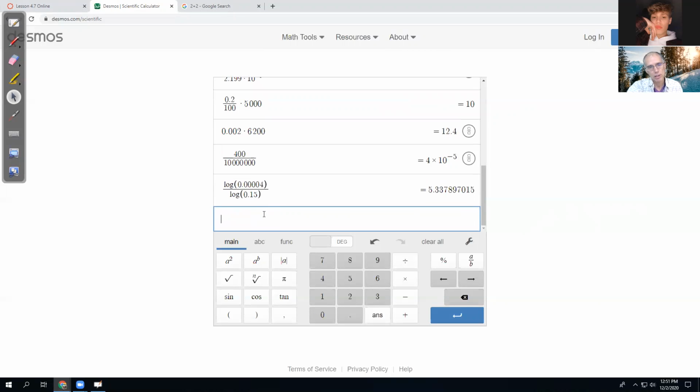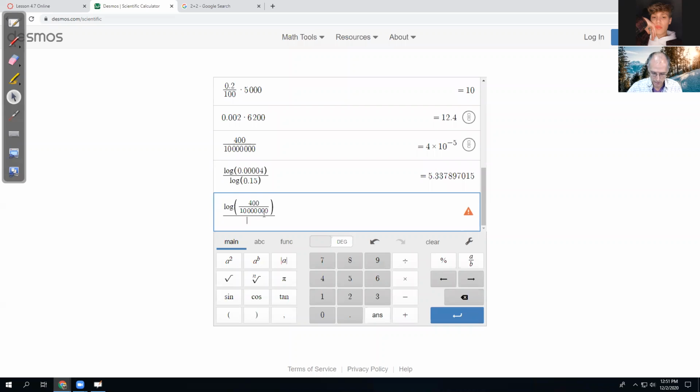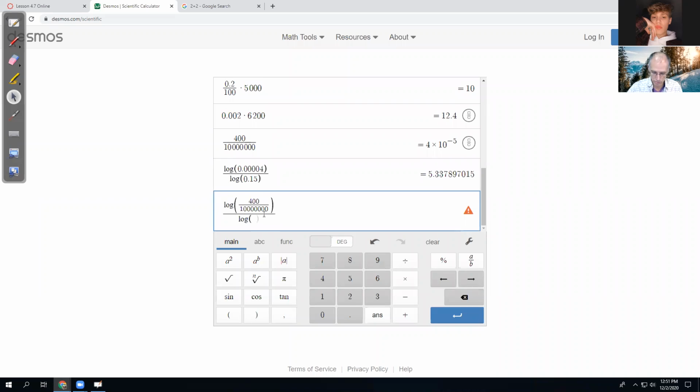If you were unsure about the decimals, you could just leave our original fraction, which was 400 over 10 million. Just use the original fraction if you were in doubt, and then divide by the log of 0.15. Yep, same answer. So I must have gotten the zeros right above.